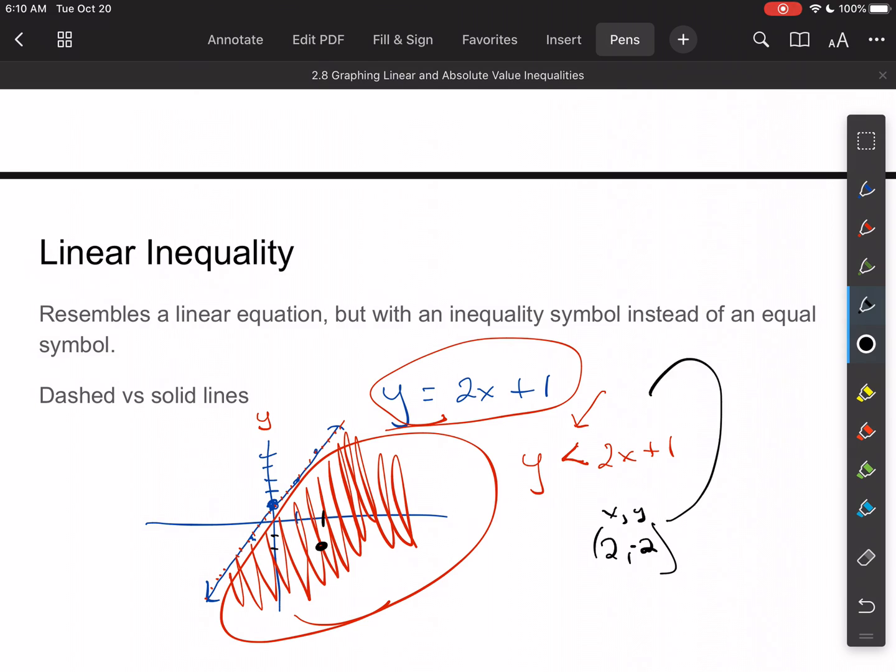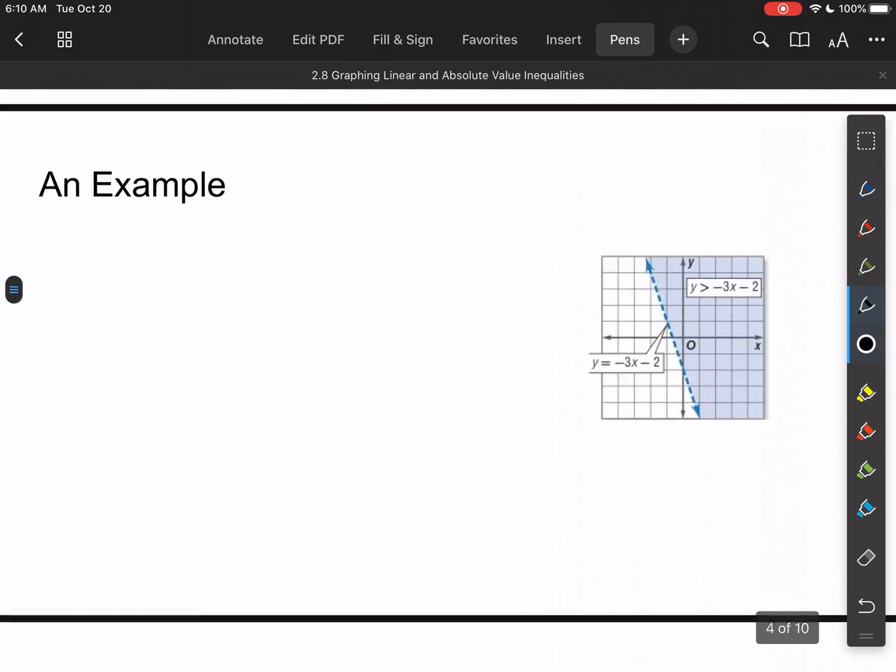I would get -2 is less than 2 times 2 plus 1, which should be a true statement, and it is: -2 is less than 5. That is kind of where we're going with linear inequalities.